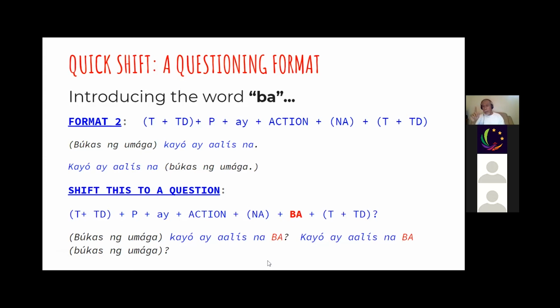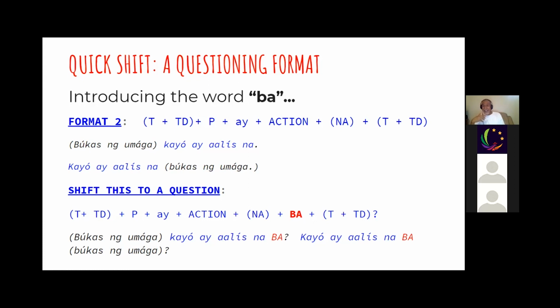Remember when there's a ba and it's a question, it goes up in tone. Unlike in English, you can always say, who went to the park? Did he eat already? It could be monotone, but it's still a question. But in Tagalog, no, you cannot be monotone. Kumain na ba sila? Otherwise, you are going to be making a statement, and not only making a statement with the ba, but it sounds like he is really depressed.